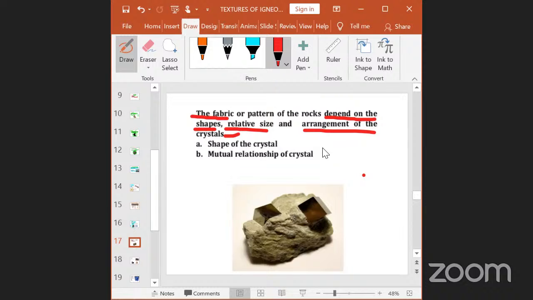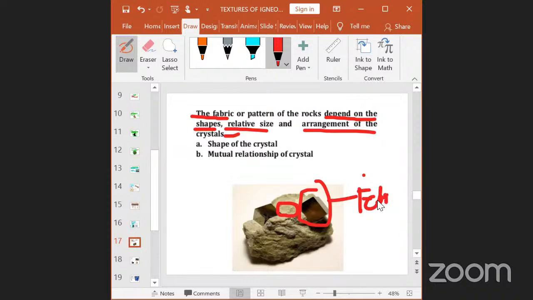You see here, these are the crystals, this is the rock.